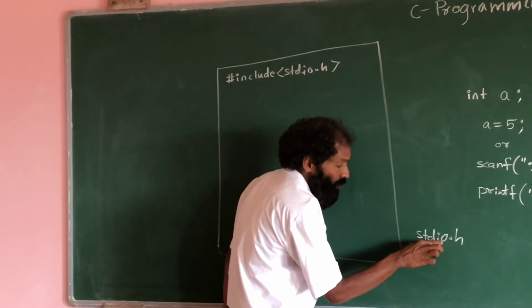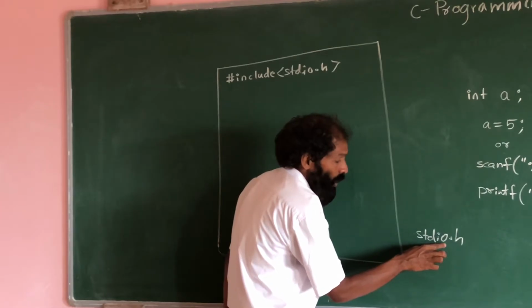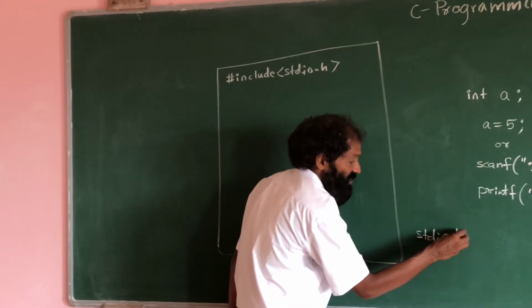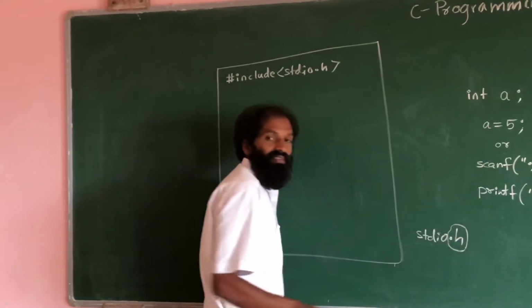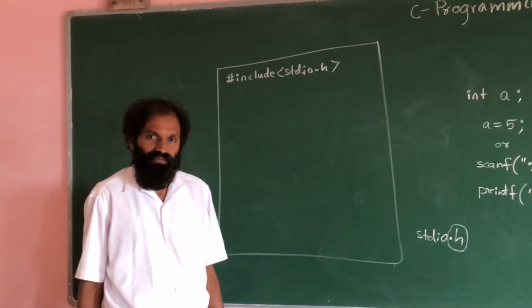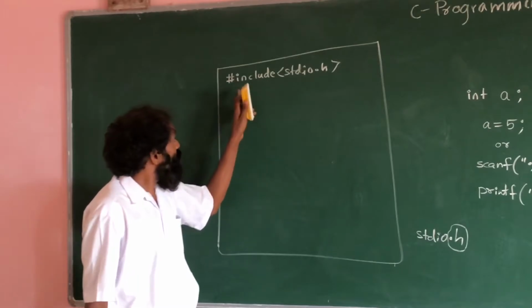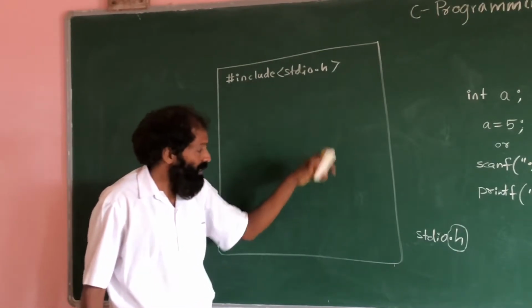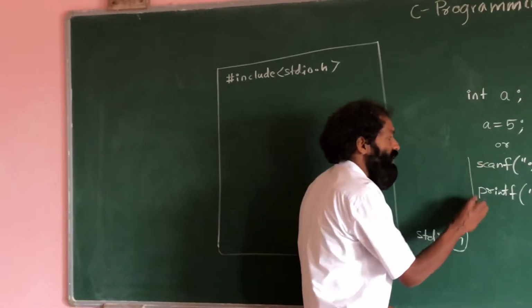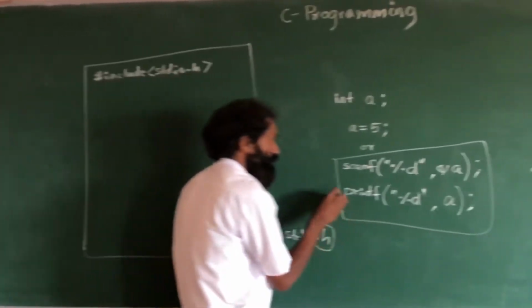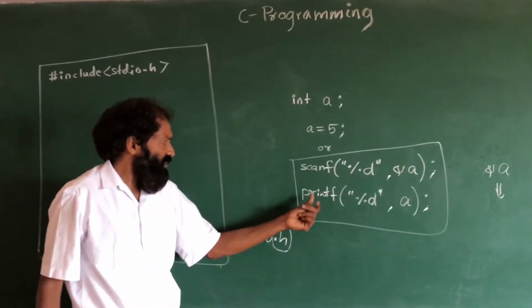Standard, I for input, O for output. Input output dot h. See here, this is the file extension. It means a header file. Before writing every program you should include this line. It means you can write printf and scanf. This is for input, this is for output.